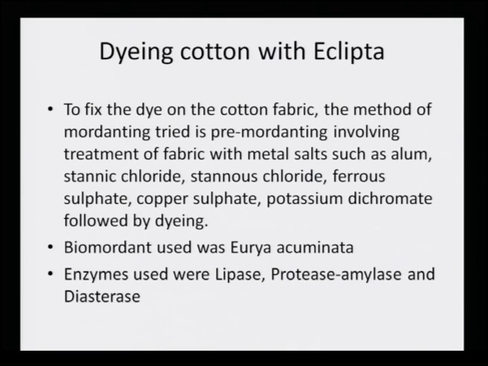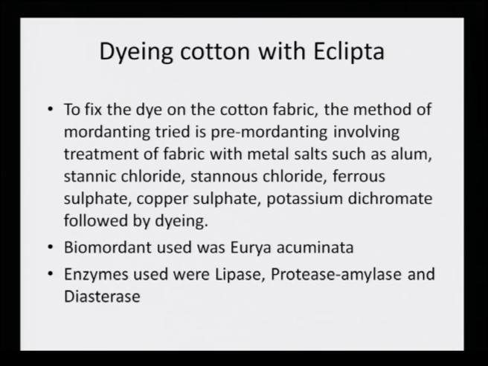Dyeing cotton with Eclipta extract. To fix the dye on the cotton fabric, the method of mordanting tried is pre-mordanting, involving treatment of fabric with metal salts such as alum, stannic chloride, stannous chloride, ferrous sulphate, copper sulphate, potassium dichromate, and then it is followed by dyeing.